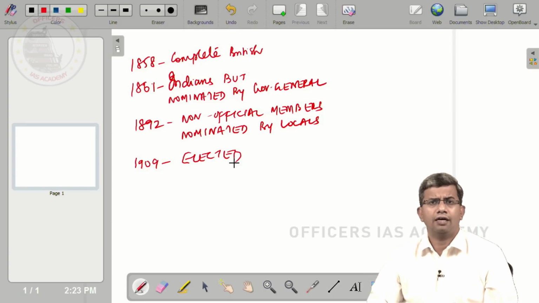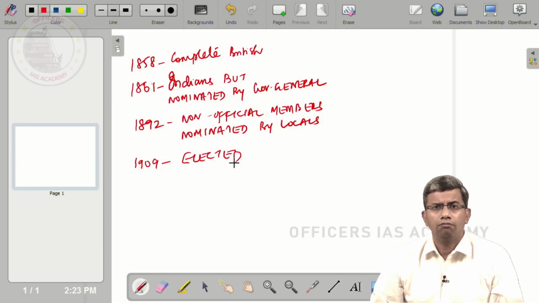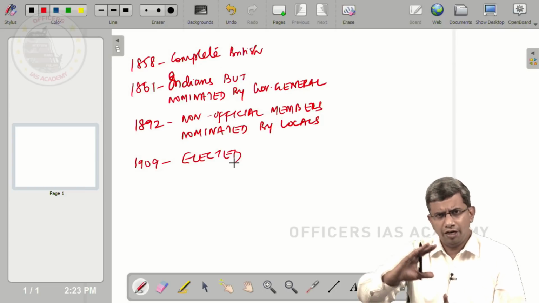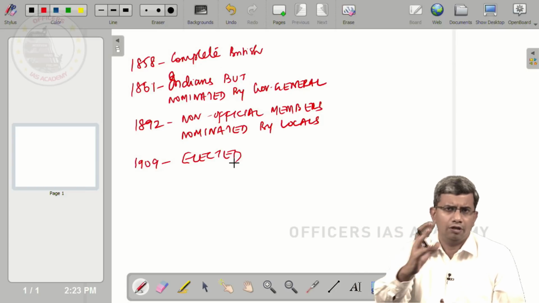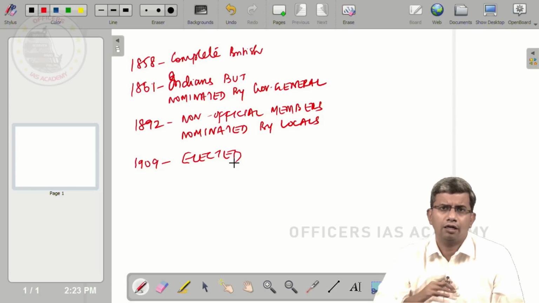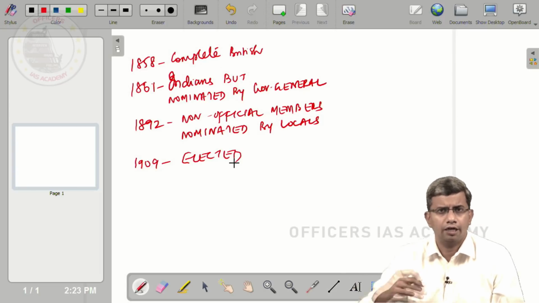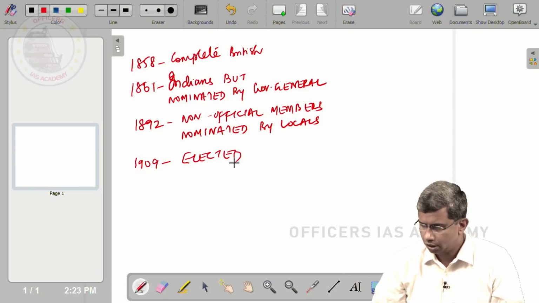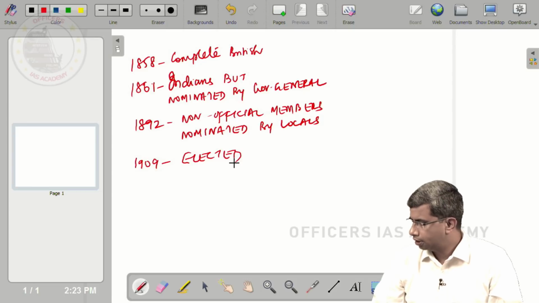And then Government of India Act 1919 and Government of India Act 1935 completely changed it, created diarchy at the provinces and then diarchy at the center. So we will come to that when we discuss those areas, right.